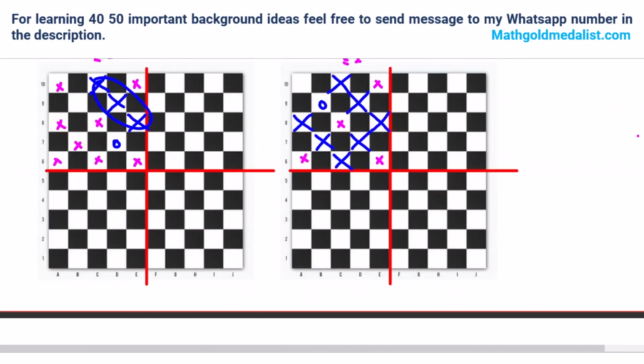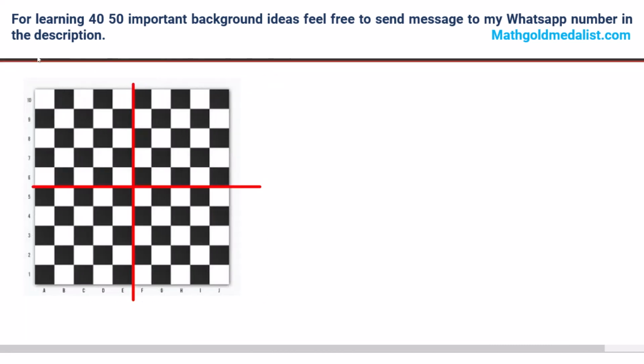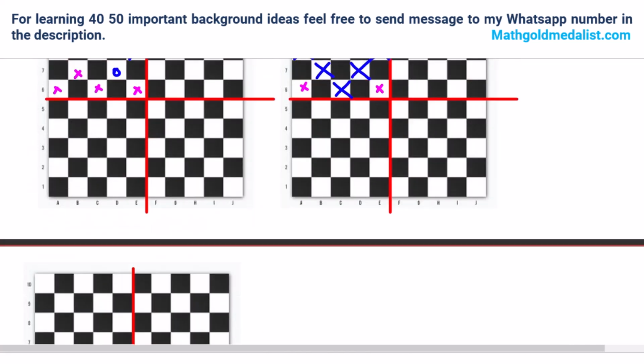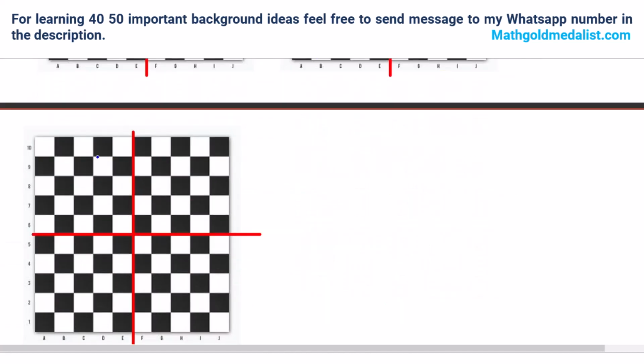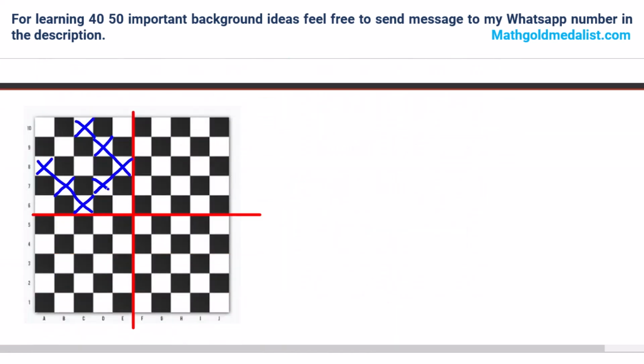Okay, so we found one more. So we can remove, let me see, this one, right? And then we can remove this one, and we can remove this one. Agreed? So only these 5 cells are left, right?